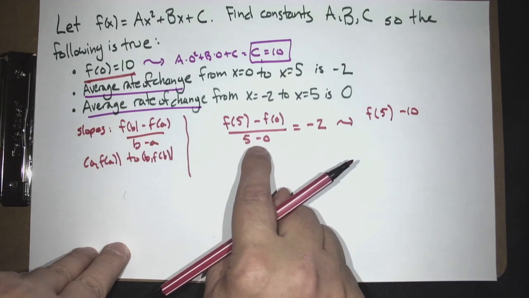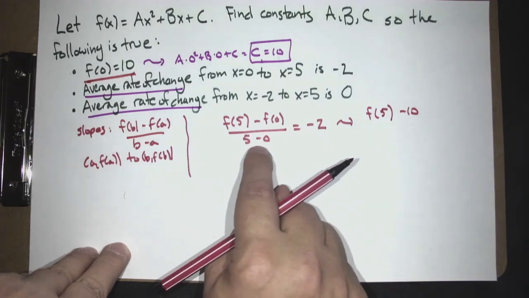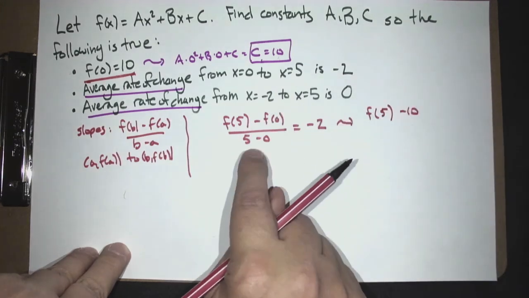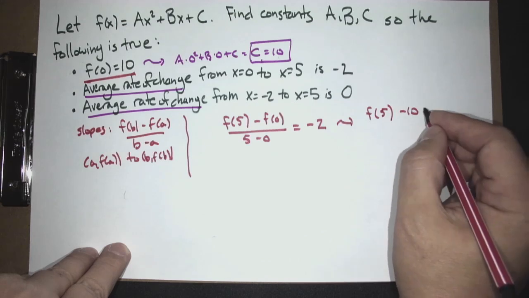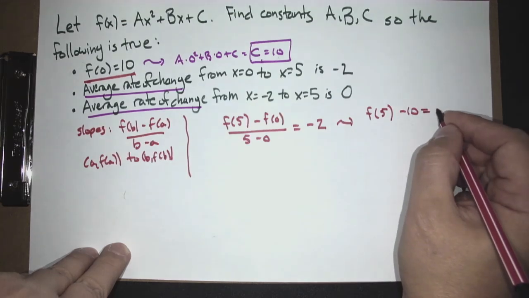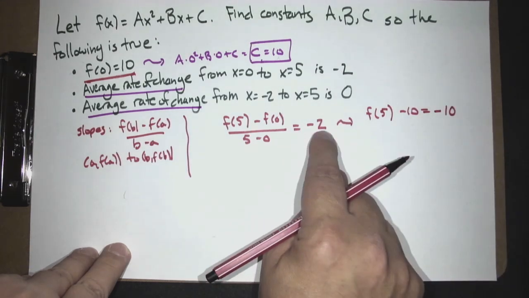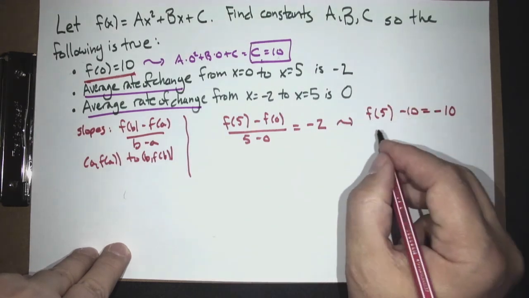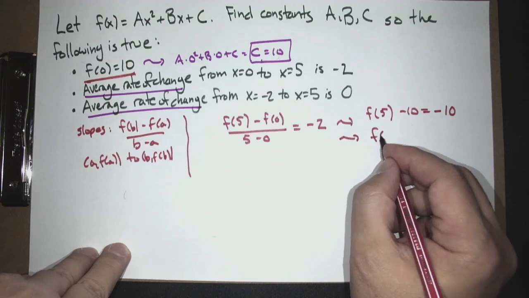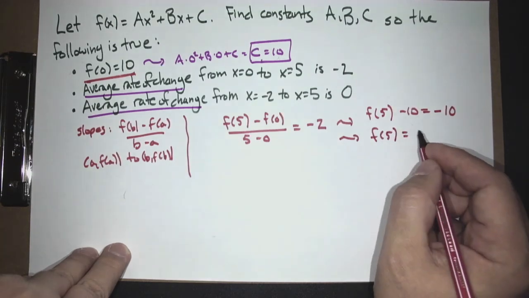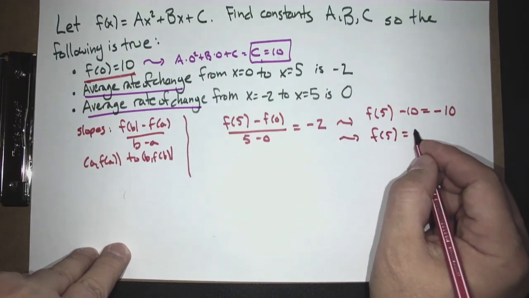Now, on the other hand, multiply across, because I can multiply the 5 to the other side, so it equals minus 10. So what does that tell us about f of 5? It's 0.